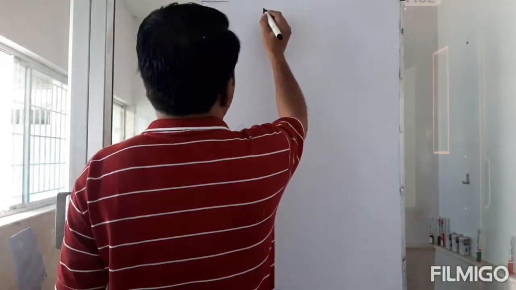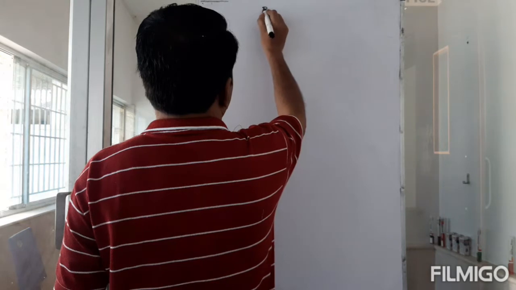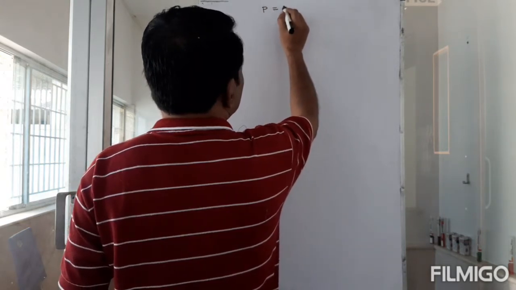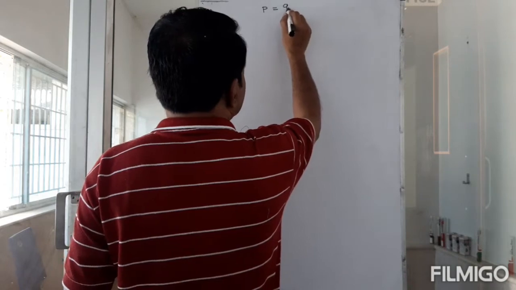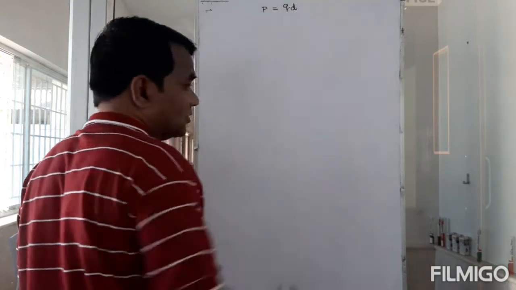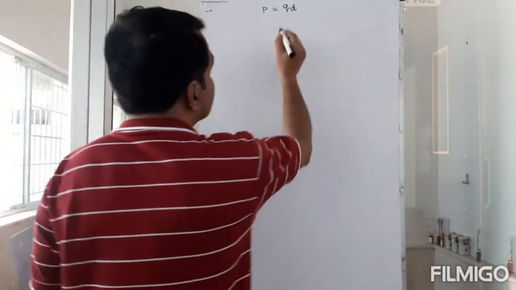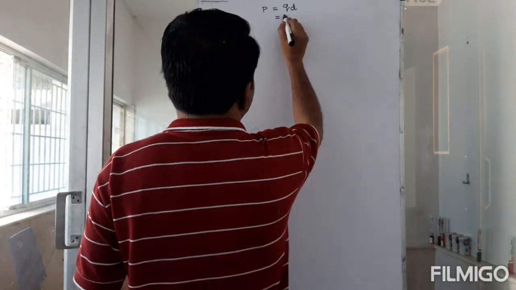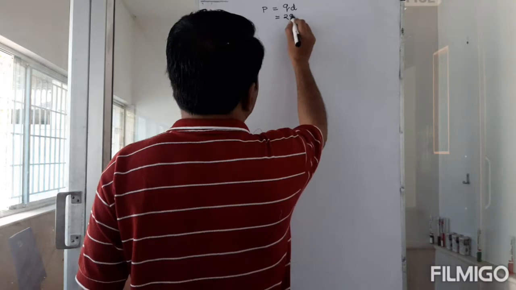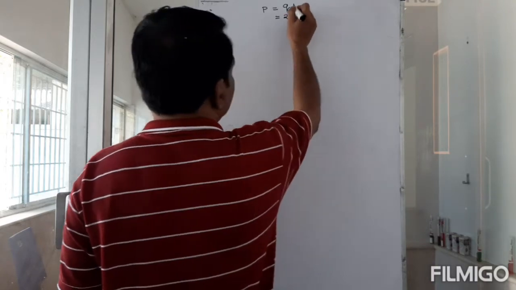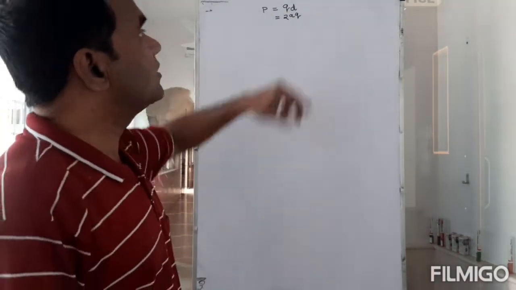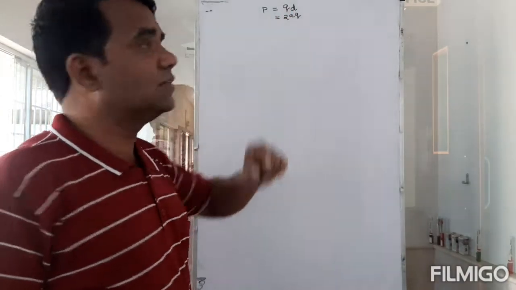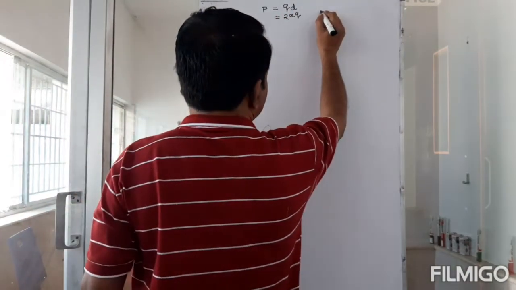So we said the dipole moment is P, and the magnitude of that was Q into D. That was my definition of it, but the textbook definition is Q into 2A, so 2AQ, 2A for D. So 2AQ is the dipole moment, where A is half the distance between the two charges.